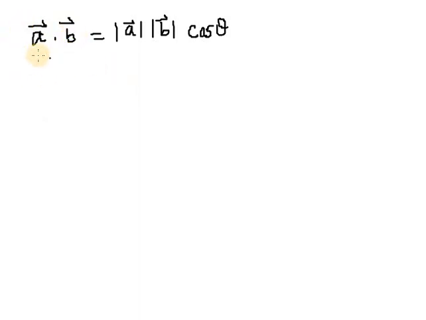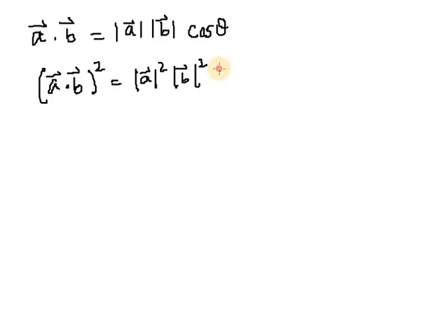A dot B is a scalar number, so I take the square of whatever value I get. Then I get A mod square, B mod square, and cos square theta, right?